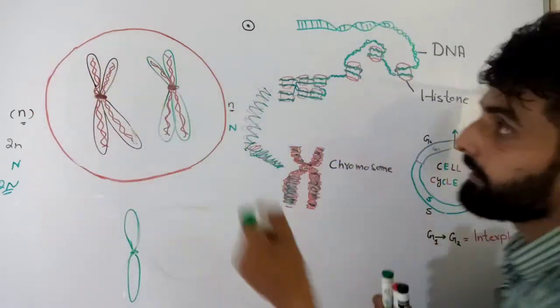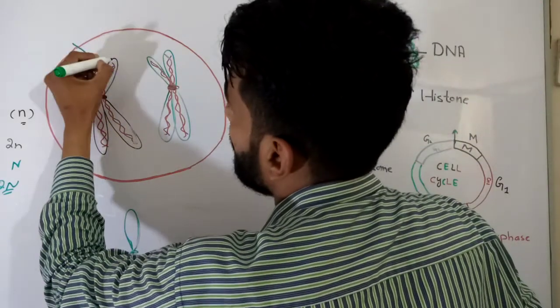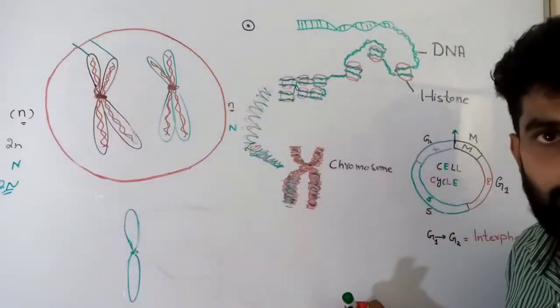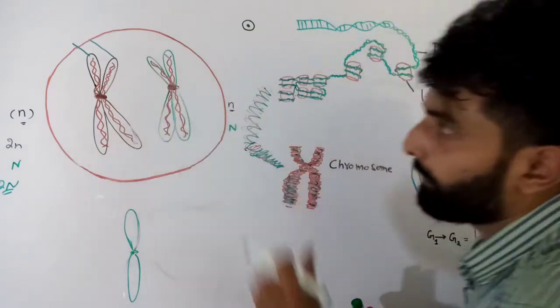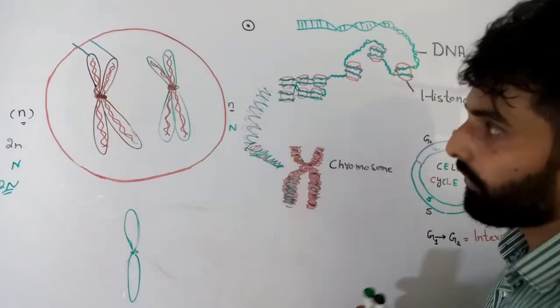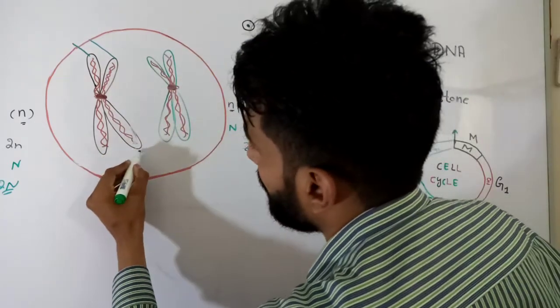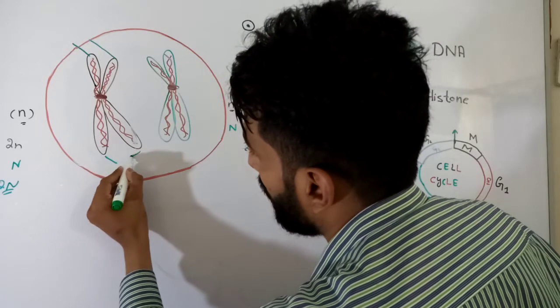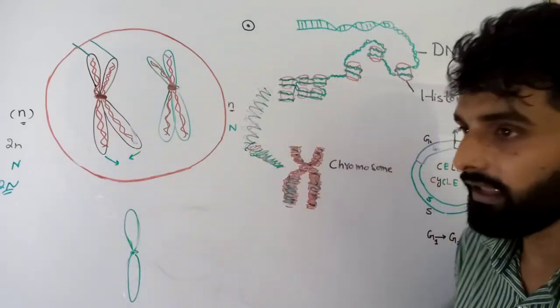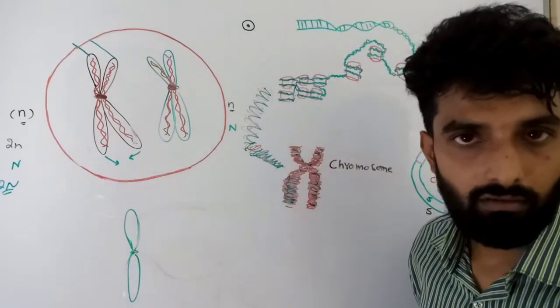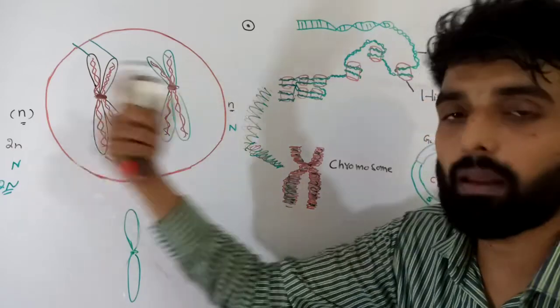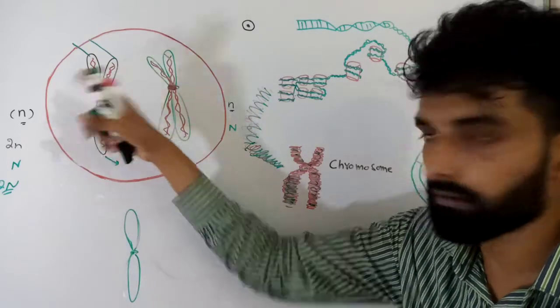Okay. Now, in a double structured chromosome, these two are basically called chromatids. These two individual strands will be called chromatids, and this chromatid and this chromatid are basically sister chromatids, because they are from the same chromosome, same centromere.